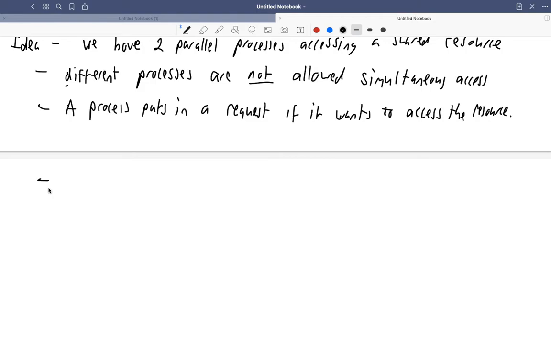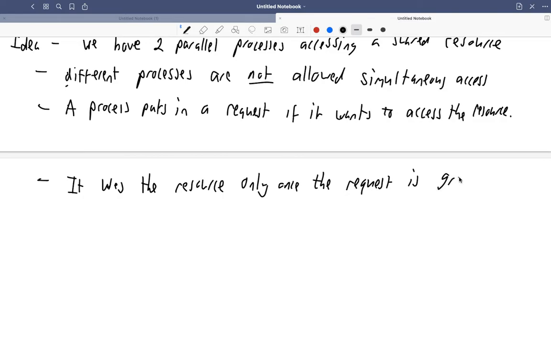And it uses the resource only once that request is granted. The request is granted.